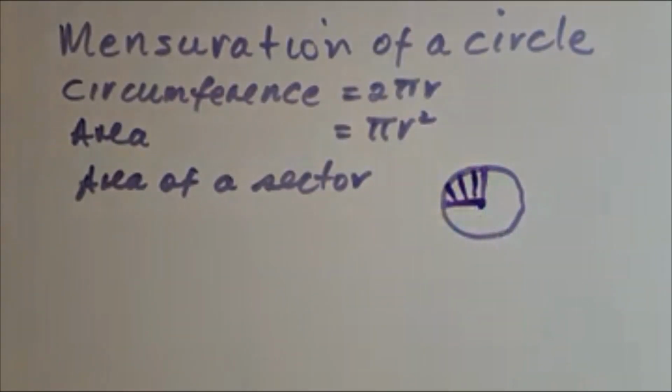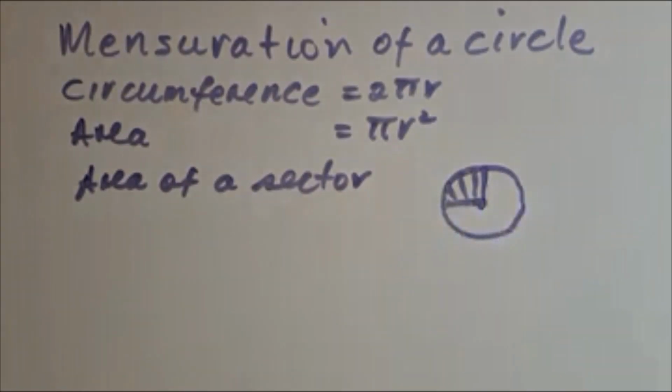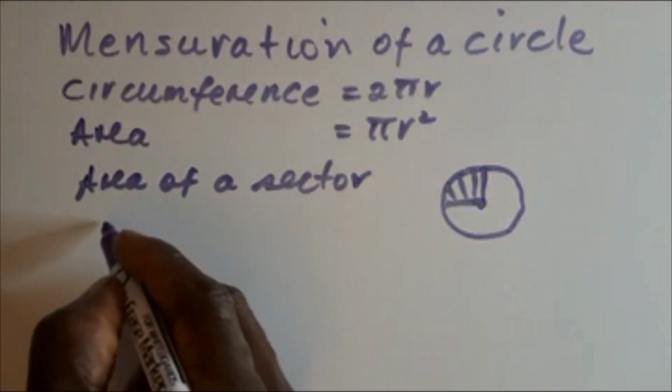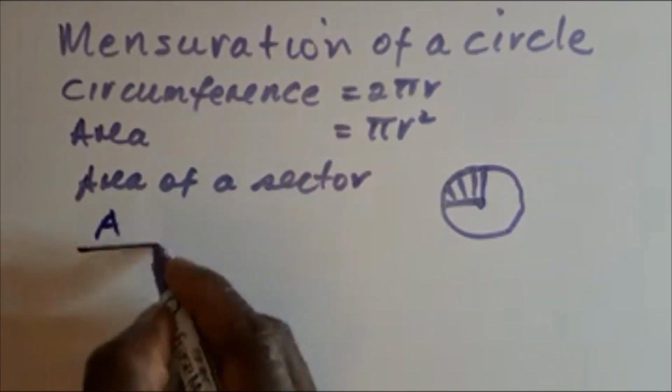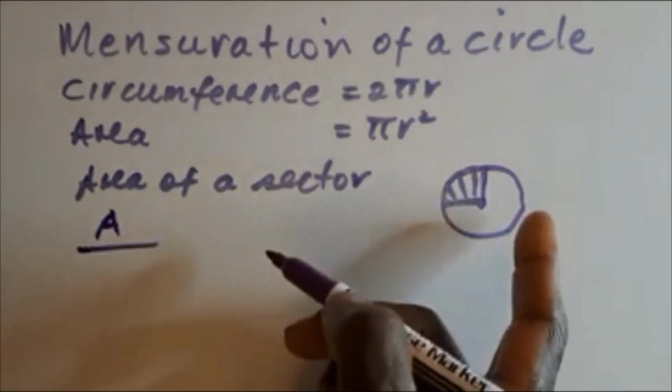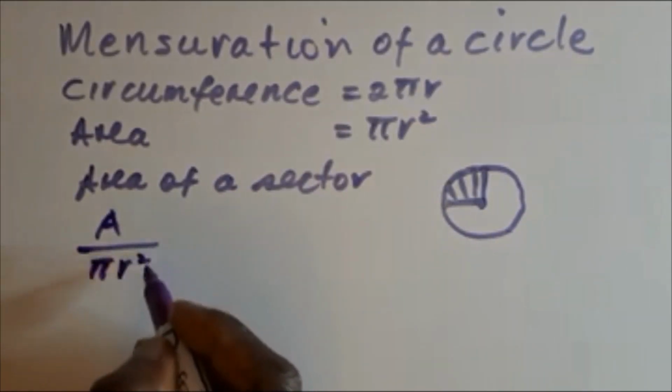Now, the way to look at this is to consider the sector a fraction of the circle. It's obvious here that this shaded area is a fraction of the whole circle. So if we write that as a fraction, we have the area of the sector, let's call it just A, as a fraction of the whole circle, which is pi r squared.